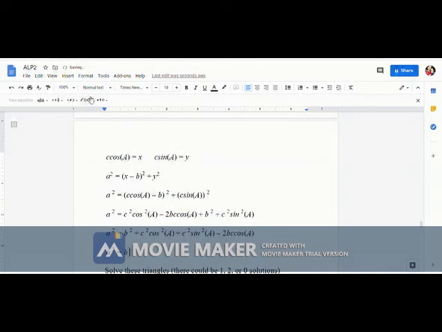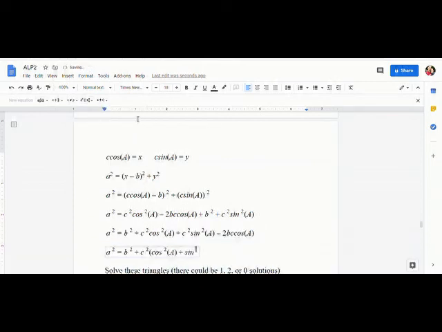Equals b squared plus c squared times cosine squared a plus sine squared a, minus 2bc cosine a.